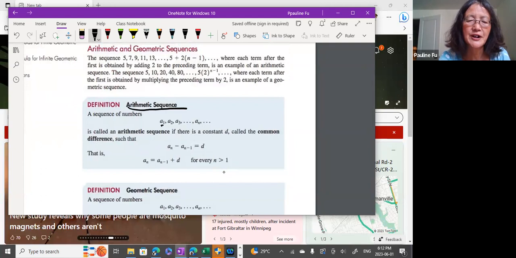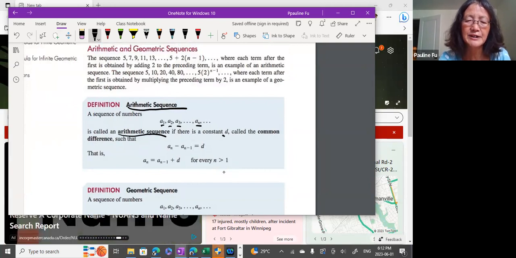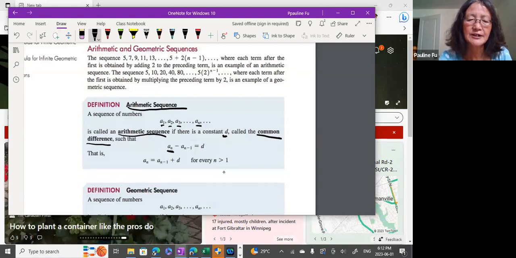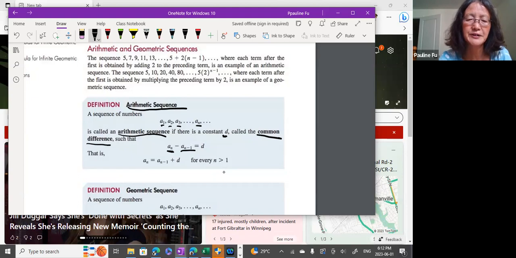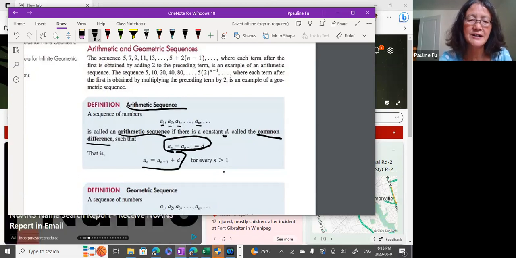If you have a sequence A1, A2, A3, AN, this sequence is called an arithmetic sequence if you can find a constant D, called the common difference, such that the term N minus the term before it, N minus 1, equals D. In another expression, AN equals AN minus 1 plus D.